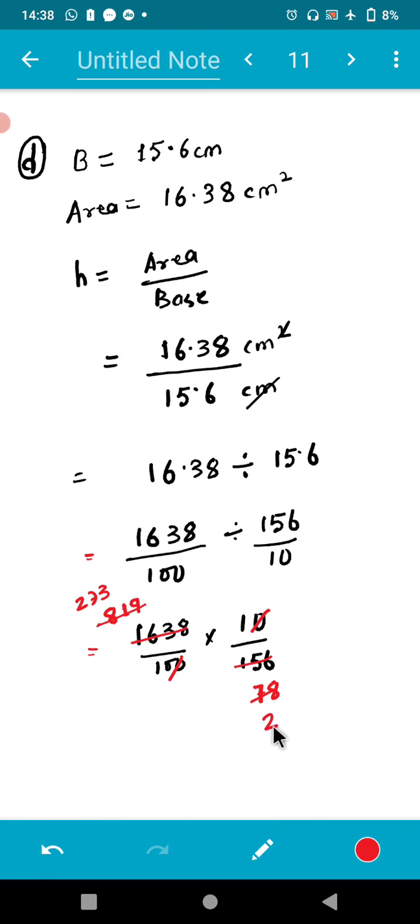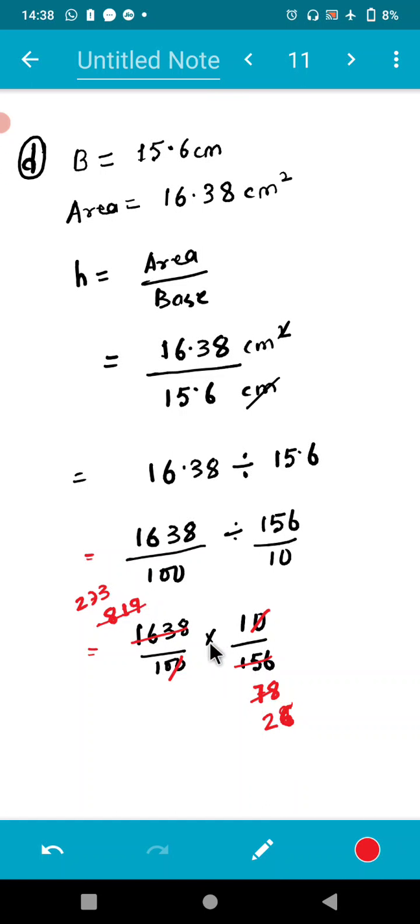3 2s are 6, 3 2s are 6, 2 9s are 18, 3 6s are 18, sorry, we are reducing with 3. Now 26. Now again this number can be reduced by 13, I guess, isn't it? So 13 2s are 26, that is definitely sure.